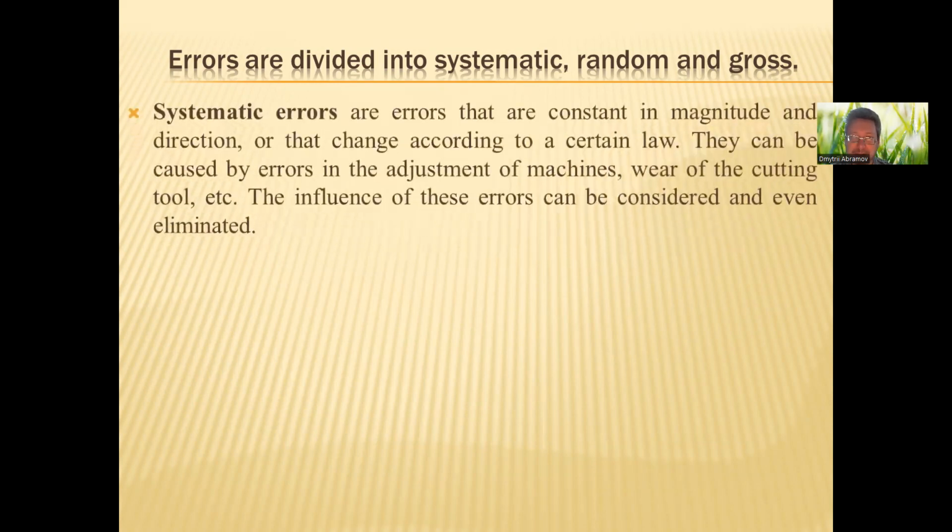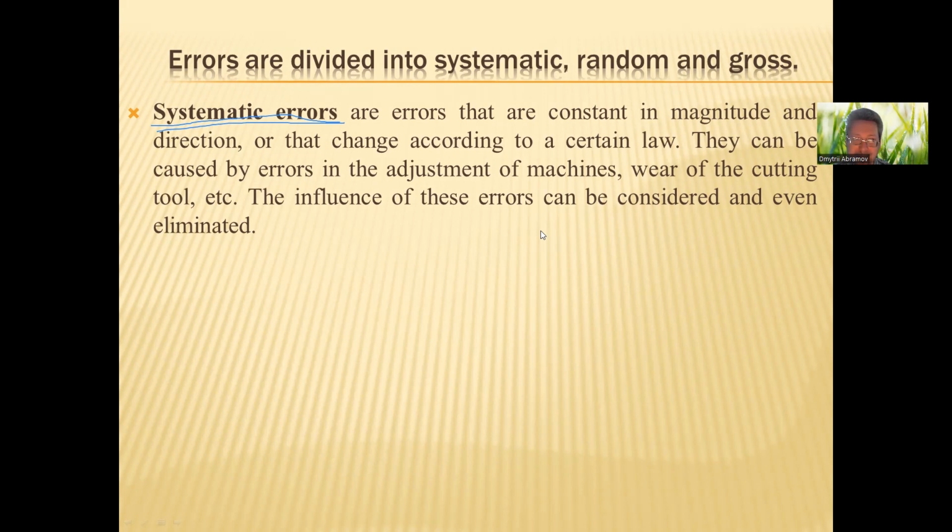Errors are divided into systematic, random, and gross. First type of error, systematic errors. Systematic errors are errors that are constant in magnitude and direction, or that change according to a certain law.